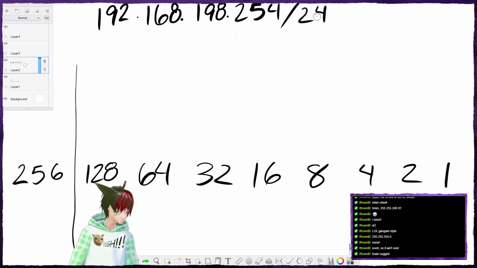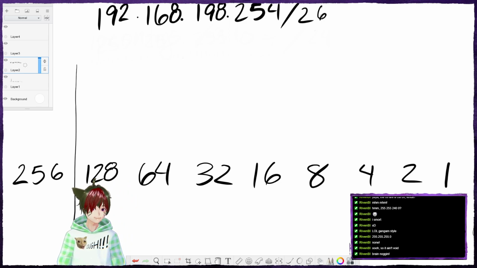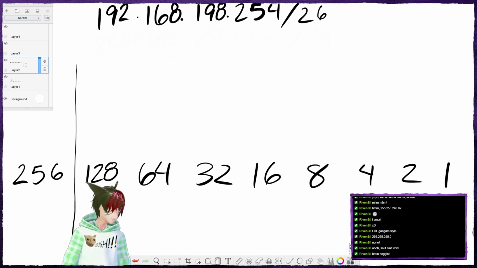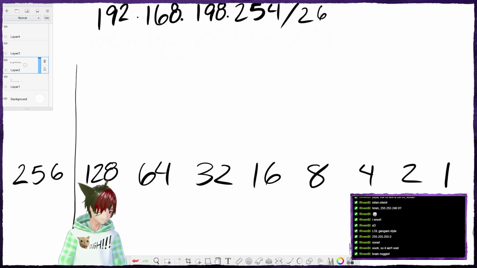So let's go to the example of that. What is 192.168.198 in binary really quick?